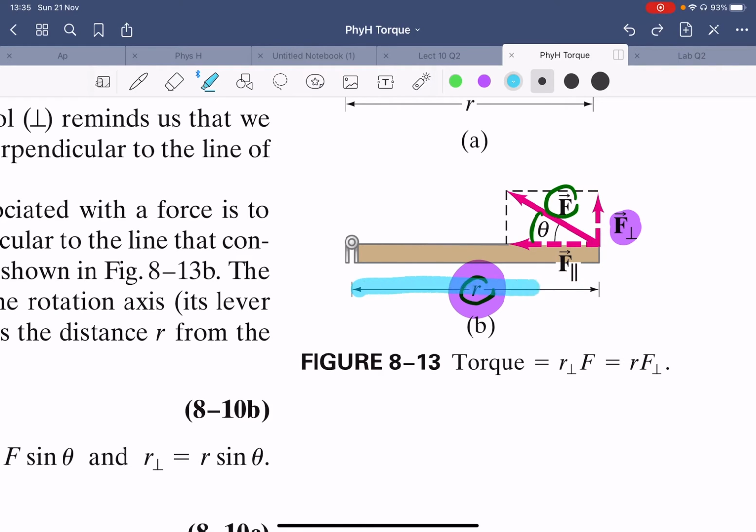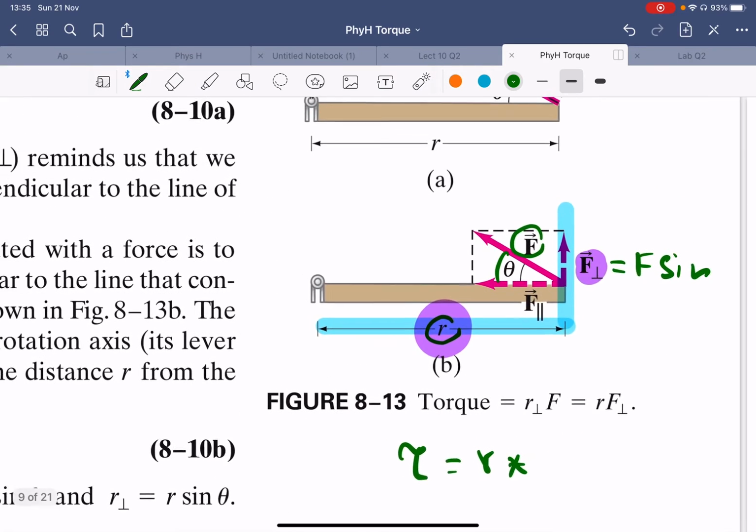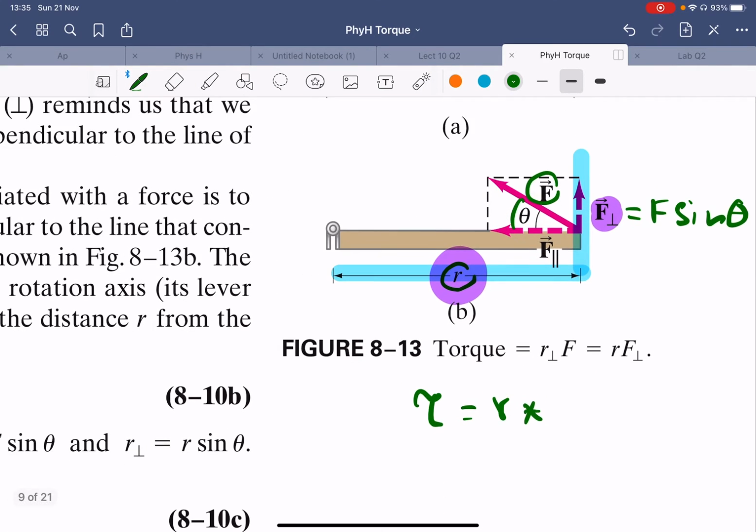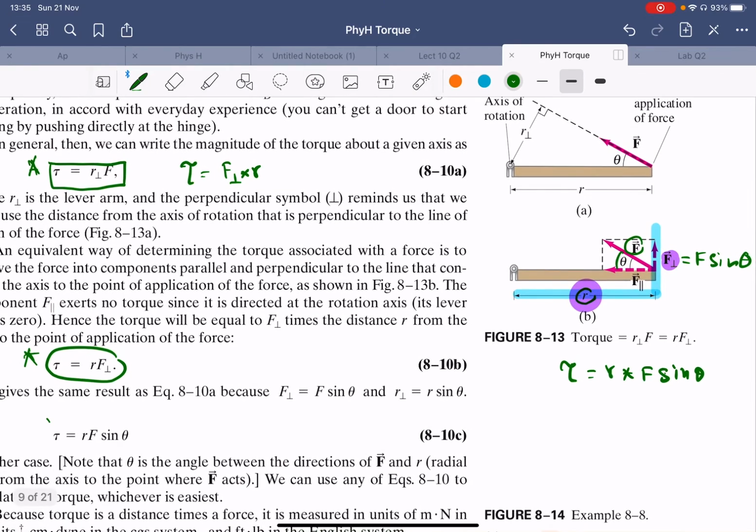If you notice here, this and this. See? So torque in this case is R multiplied by the F perpendicular, which here is F sine theta. Okay, so this is torque.